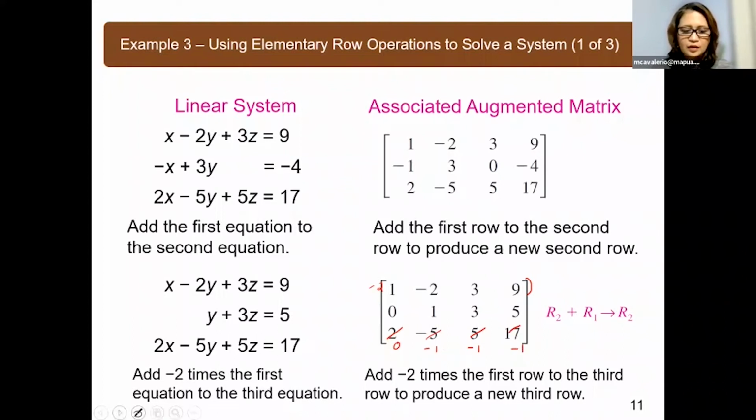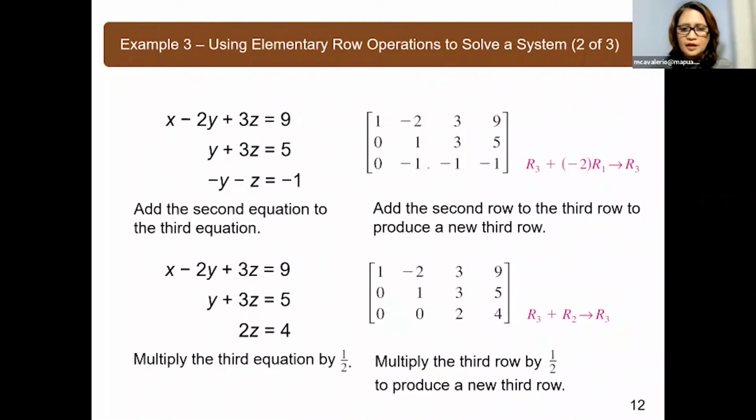Now let us check on the next slide. Here, now see here that below 1 are all zeros. And taking note that 1 here is a coefficient of y, we now need to make the entry here to be 0.